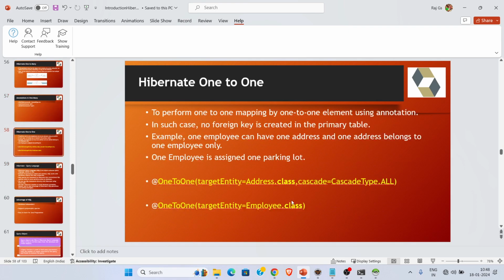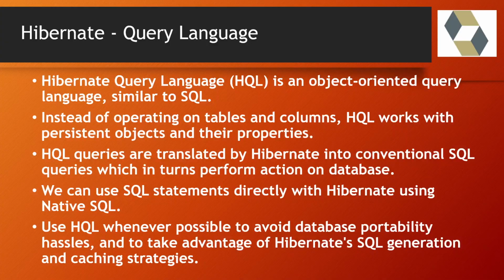So now we look into the Hibernate query language. So I showed you one to many. Similarly with annotations, we can implement one to one, all those things. So next we'll see this HQL, Hibernate query language.